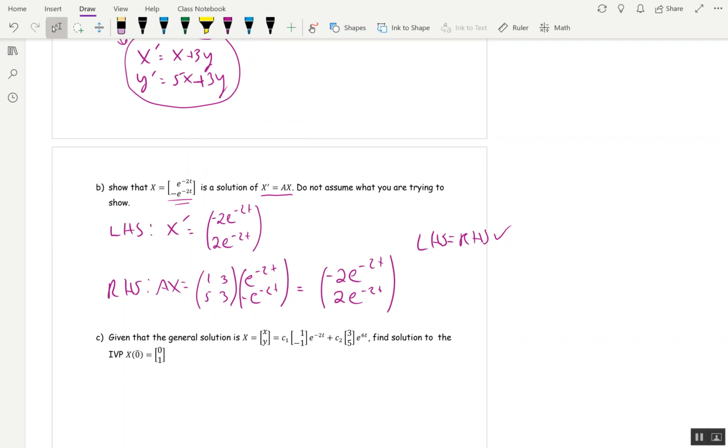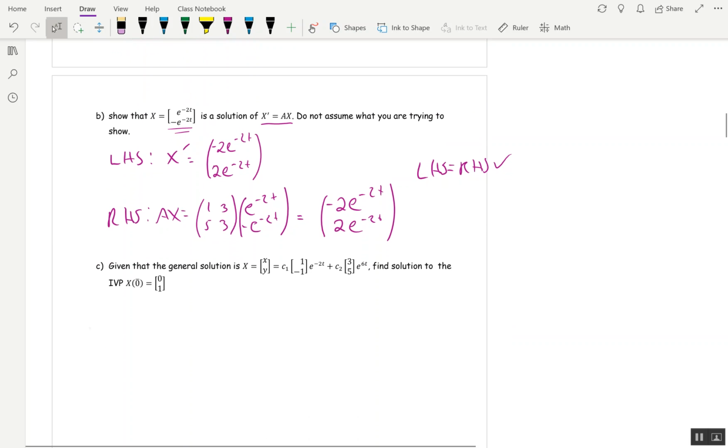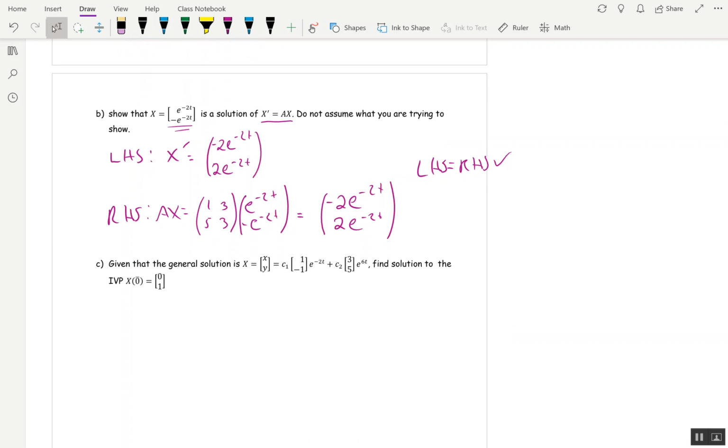And given a solution, can we solve an initial value problem? Yes, we can. We did this last time again, so you might want to pause it, find C1 and C2 yourself. All right, hopefully you got negative 3/8 and 1/8 for C1 and C2. Here we go. We're going to plug in x of 0 is 0, 1, and that equals, so over here I put 0 in for t.